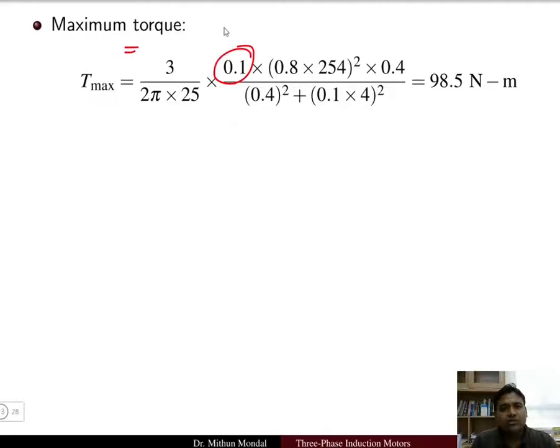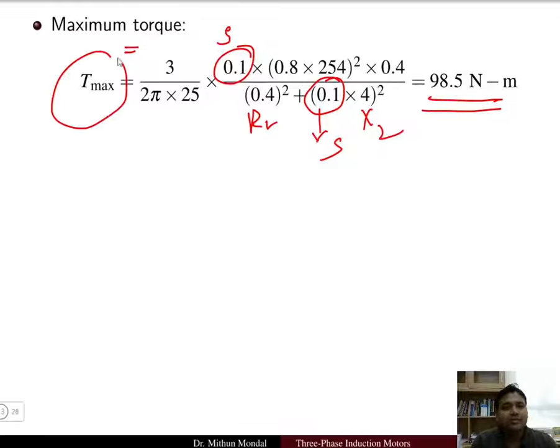We have to substitute the value of the slip as 0.1 in the particular equation of the torque that we have seen previously, keeping other quantities, that is the rotor resistance and the rotor reactance, constant. We get 98.5 Newton meter as the maximum torque corresponding to slip s equal to 0.1.